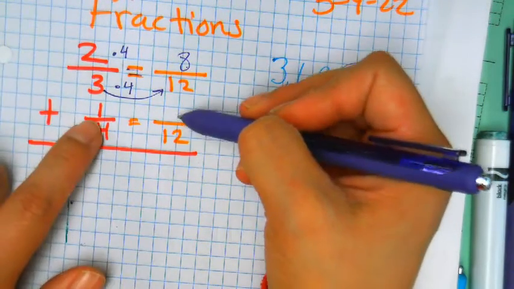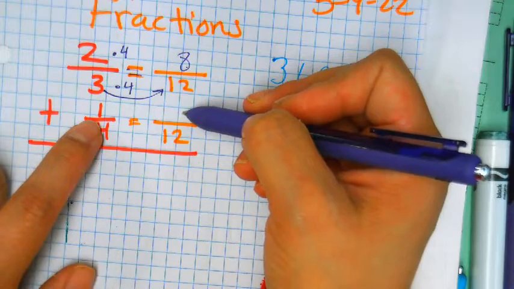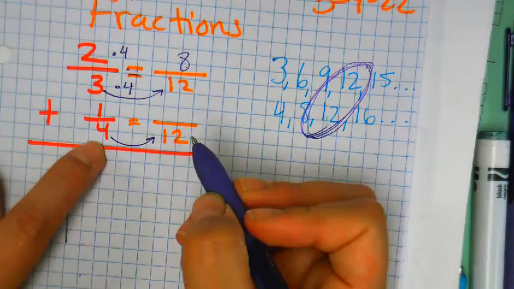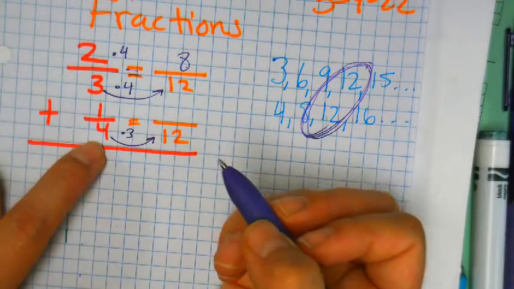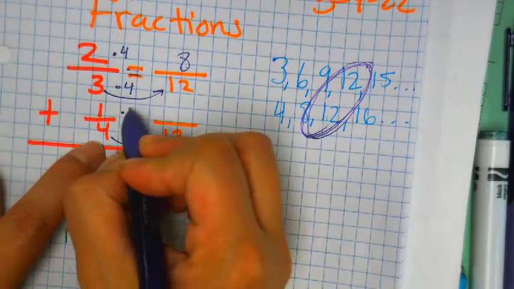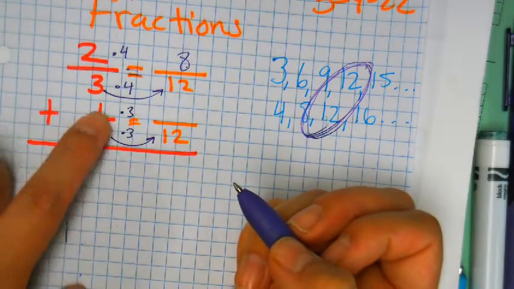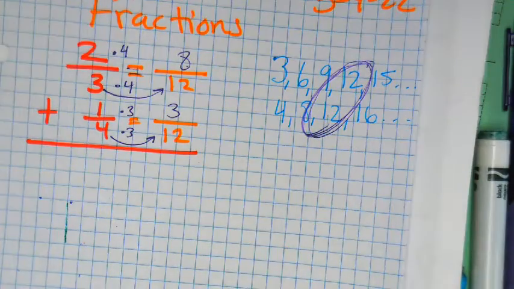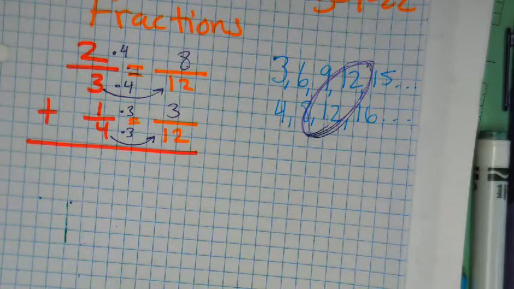Can I just write a 1 here? No. You have to ask yourself, 4 times what is 12? 3. Times 3. So guess what I do to the top? Multiply by 3. What's 1 times 3? 3. So notice that everything changes. What do kids do? They're like, oh, I found 12. That's cool. But they'll keep the same numbers.